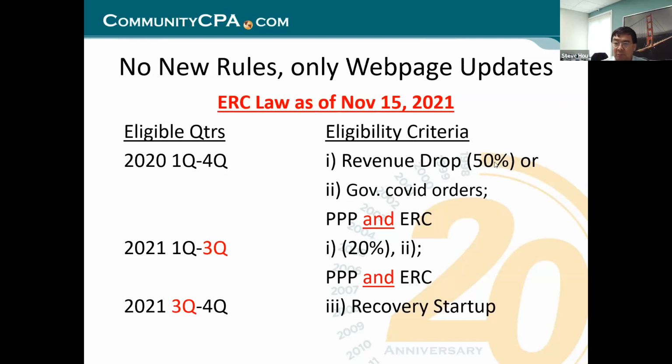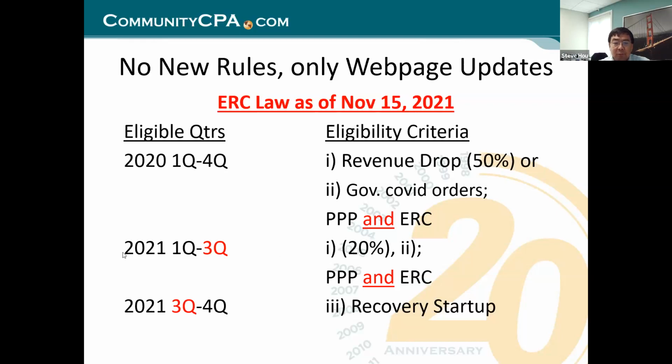But roughly speaking, you have to have a revenue drop of 50% in 2020, or the other criteria, the government COVID orders. And also, as I mentioned earlier, the law does allow you to claim the ERC even if you had 1 round or 2 rounds of PPP.